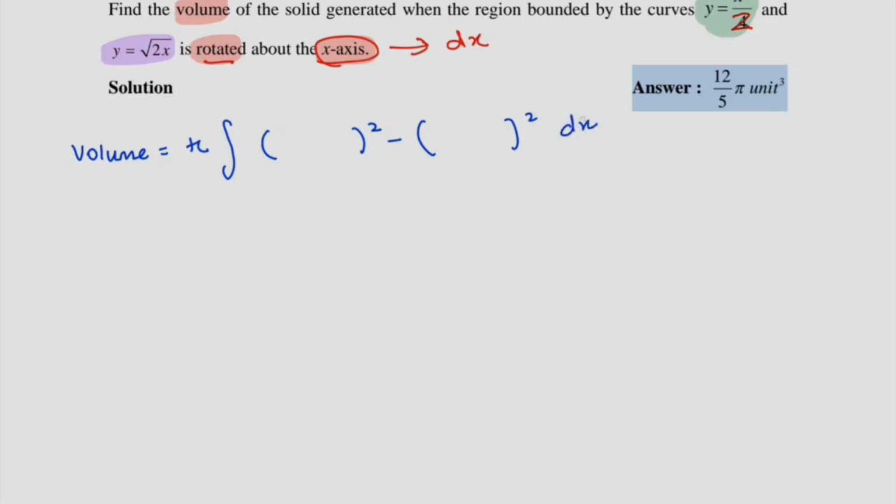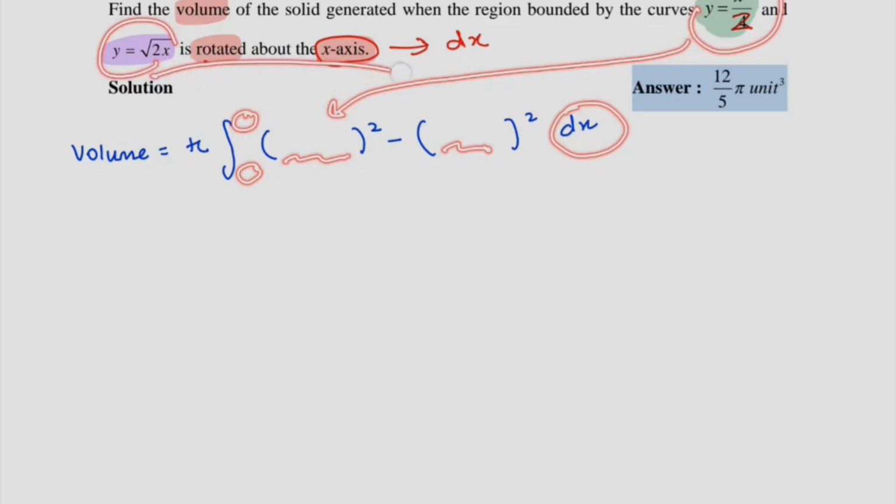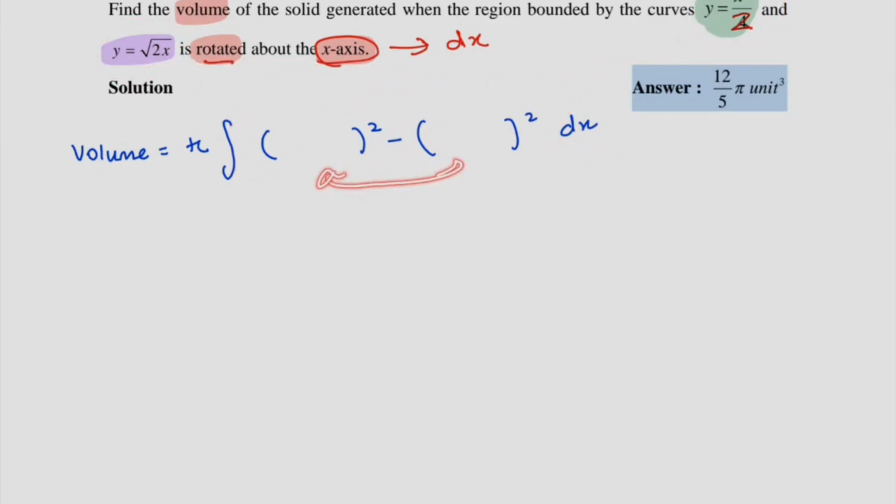So write dx at the end. So when we see dx over here, this means our limit must be in terms of x, and our functions here must also be in terms of x. It's just a matter of whether it's the green function subtract with the purple function, or the other way around.